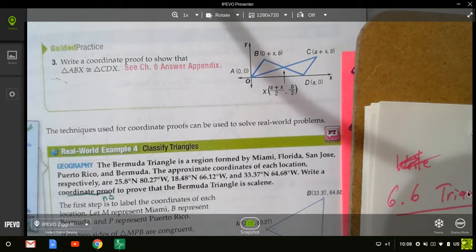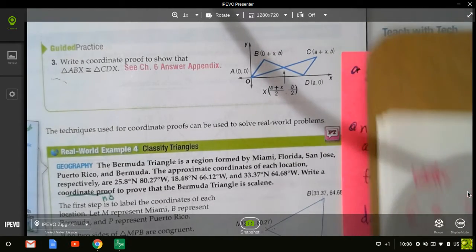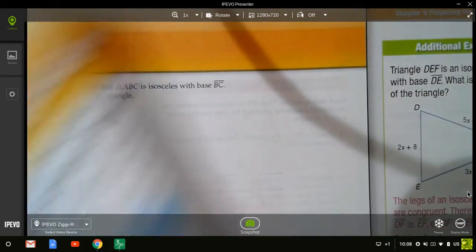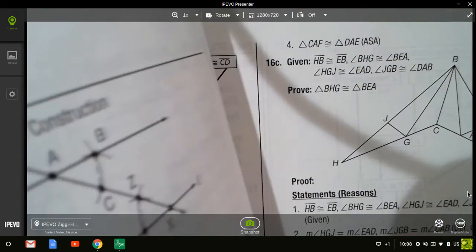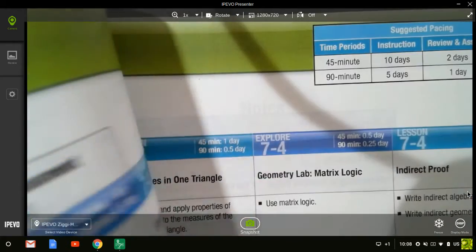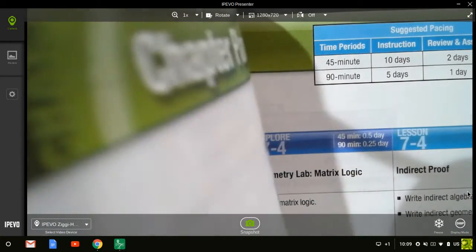What can you do? That's the first thing you need to know: the angles are vertical and congruent. I know that AB equals CD. You said AB is equal to CD?